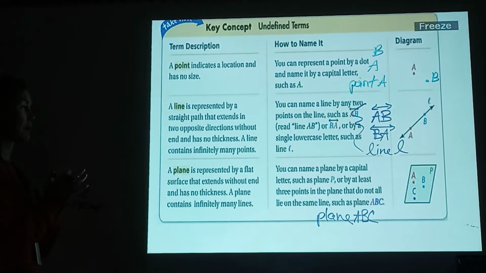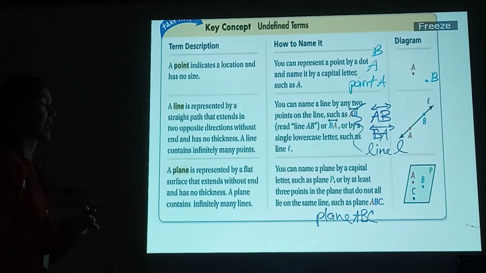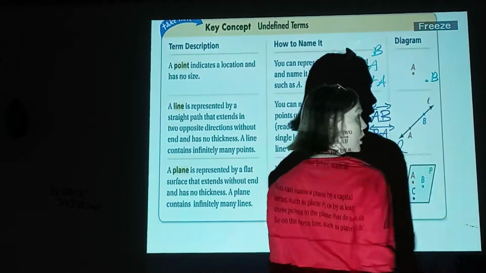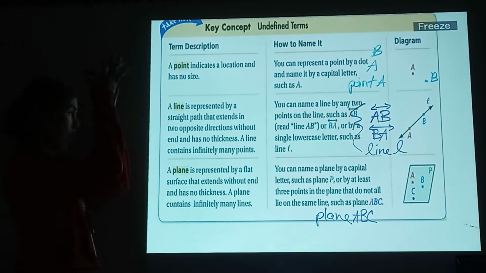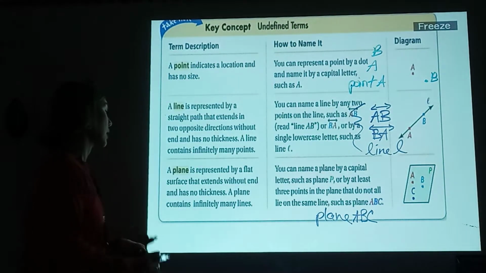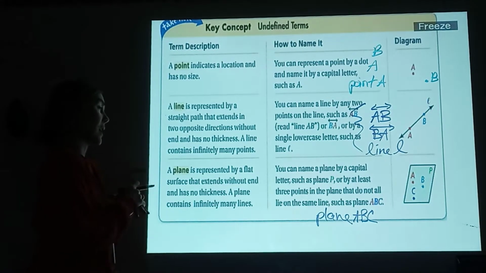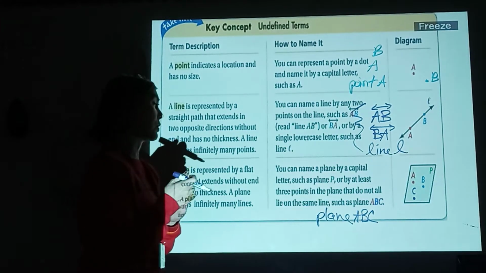So a plane is represented by a flat surface, okay, that extends. So this plane goes on, you know, forever, okay? Think of a glass wall, it just keeps going on forever. Doesn't have any thickness, and contains infinitely many lines and points, and it just extends without end.